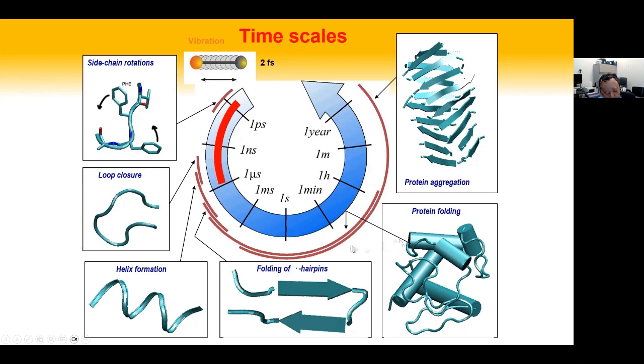And for folding some of the slow-folding proteins, you probably need a millisecond. And for forming some of the aggregates, like the amyloid fiber, it probably needs months or years. So time scale is important to see the phenomenon we are interested in. And for that, we need computing power.